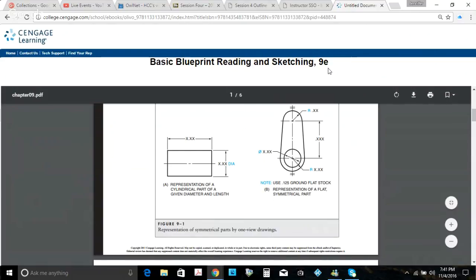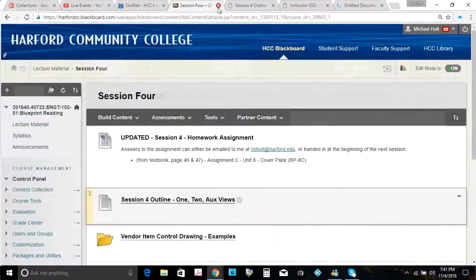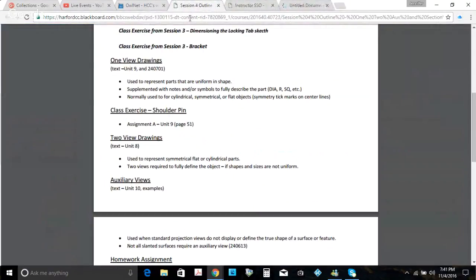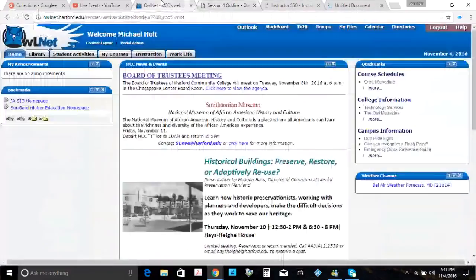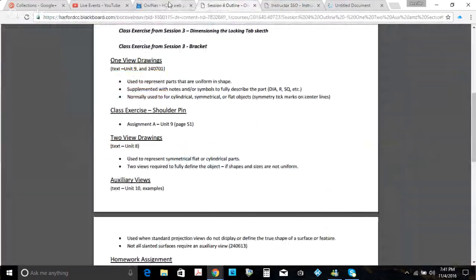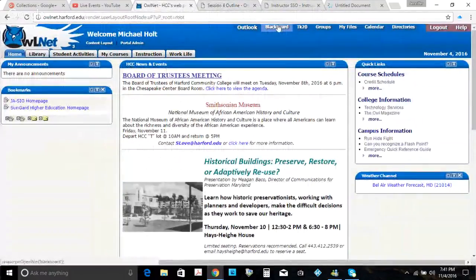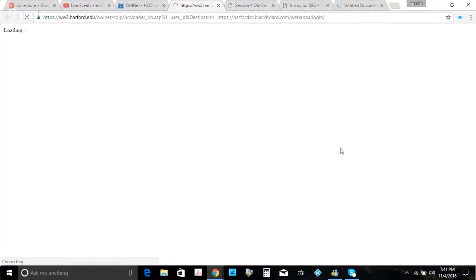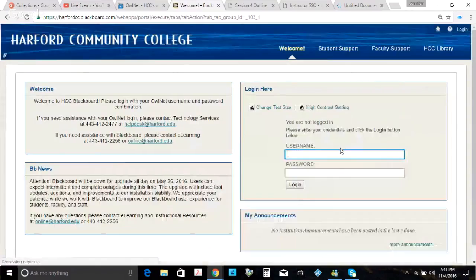Session 6, there's a couple other symbols that we went over. Let's see, looks like I might have accidentally closed down my Blackboard, so let's get back to that. And we're almost done here, gang, I promise. Oh no, I've got to re-log into everything.